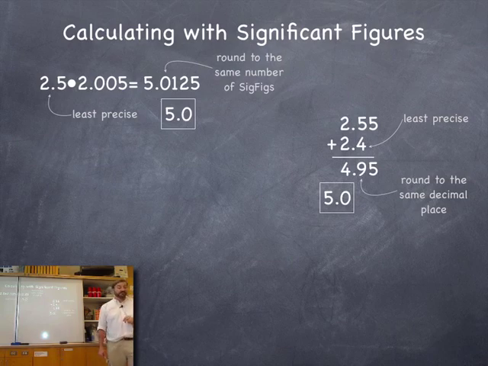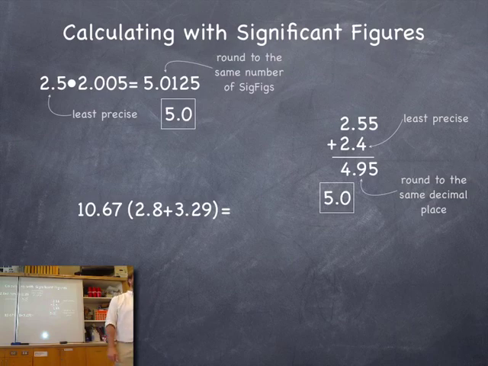Last thing, what if I want to do both? I go through and I do the math in the correct order of operations. I do not do any actual rounding until the very end, but I keep track of the significant figures as I'm going.